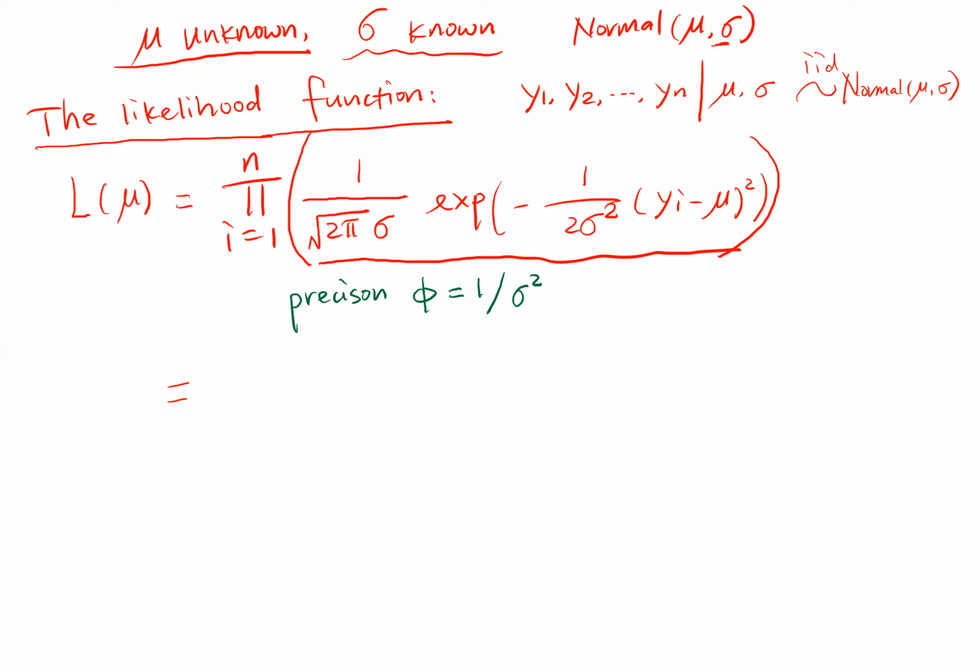So that means we're going to replace the sigma in the likelihood function with 1 over phi. This means sigma squared is 1 over phi. I'm going to do that step for you, and then I ask you to try the next step.